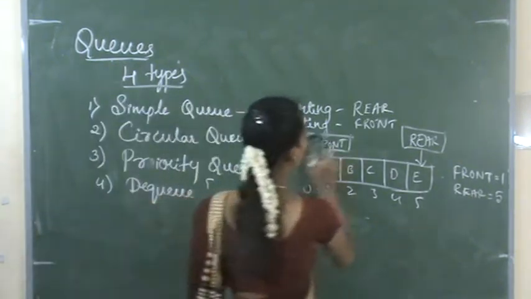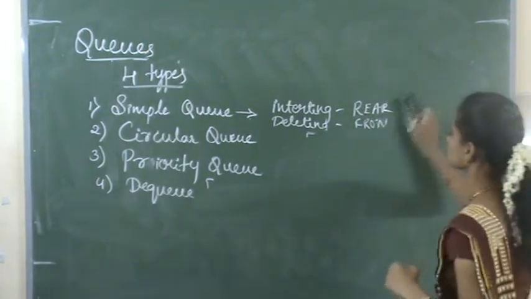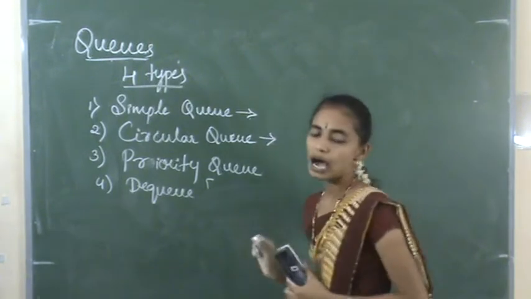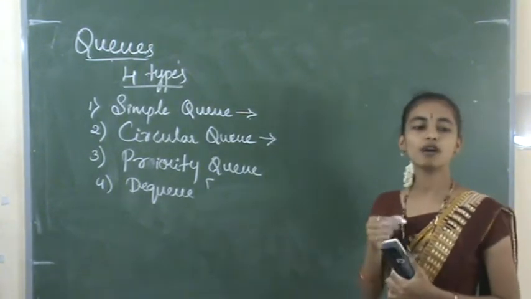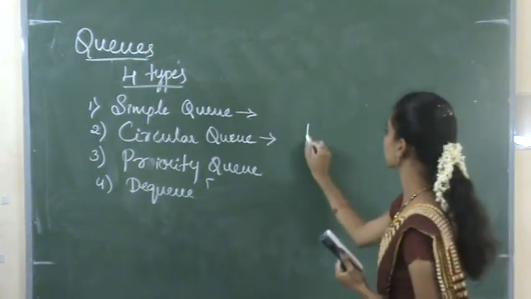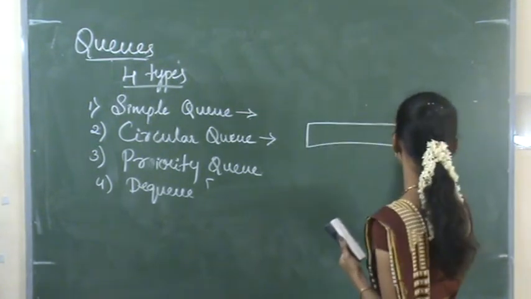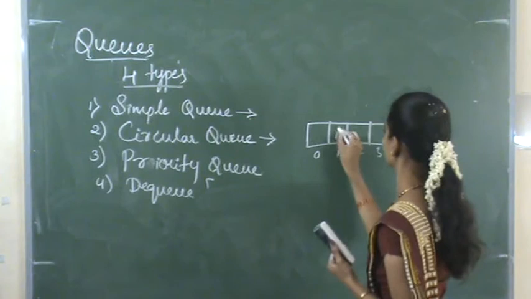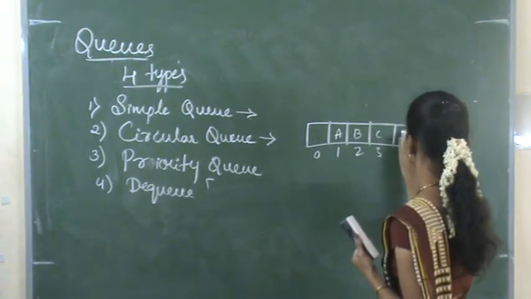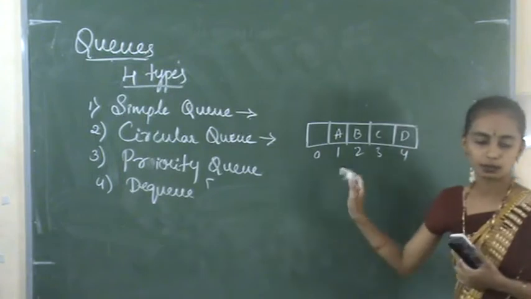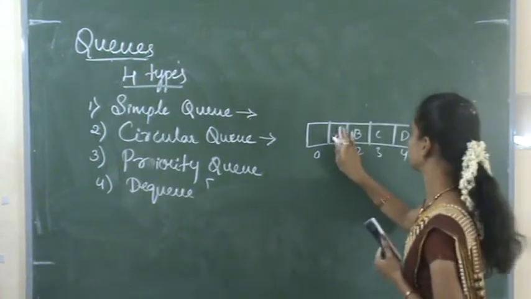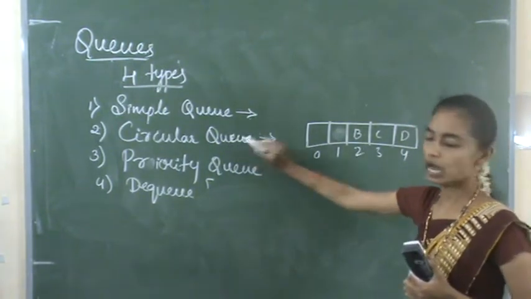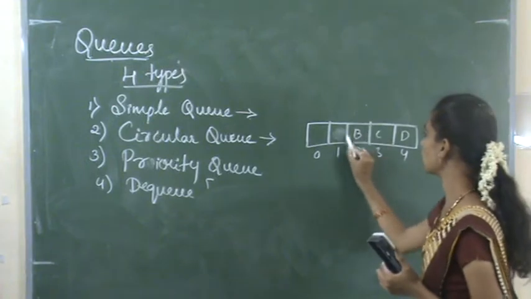Next we have the circular queue. In a circular queue, all the nodes will be in circular form. Nodes means one element, one index, we call it a node.